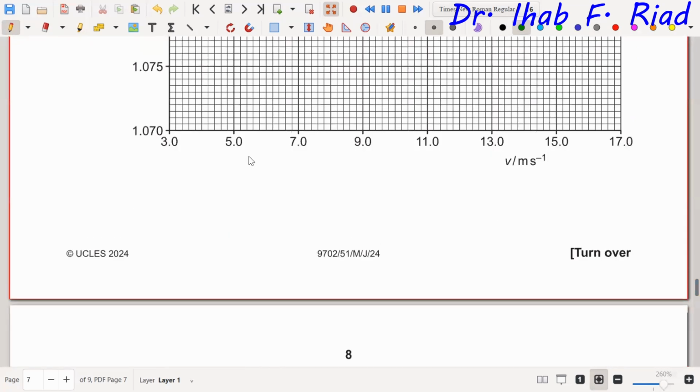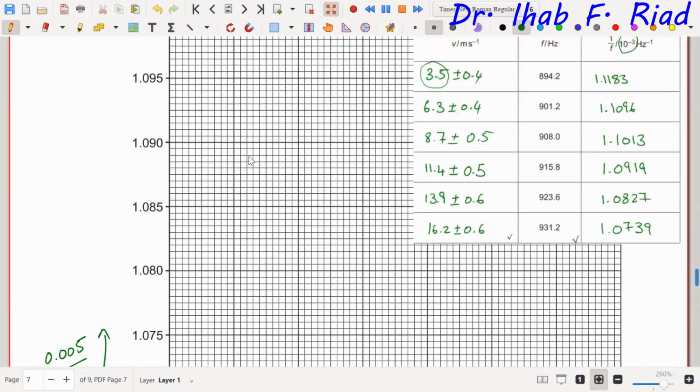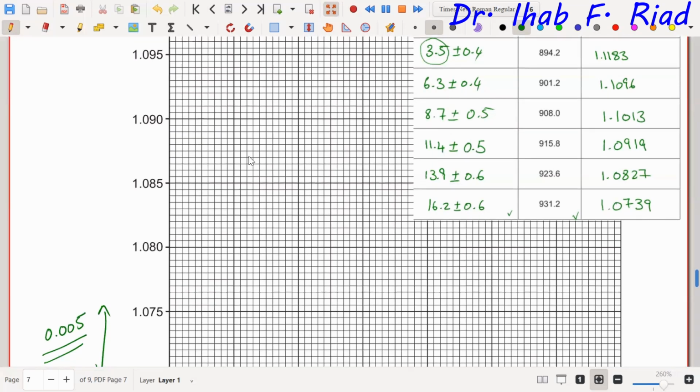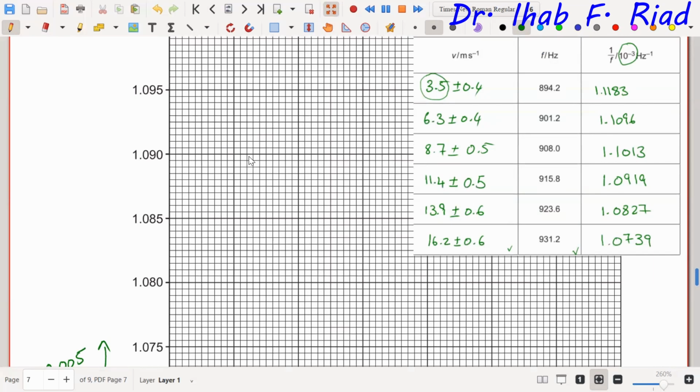It is 2. And what about here? It is 0.005. Good. Now, notice that the error bars are going to be on the y-axis or on the x-axis? It will be on the x-axis.